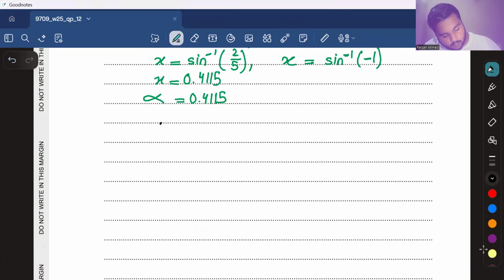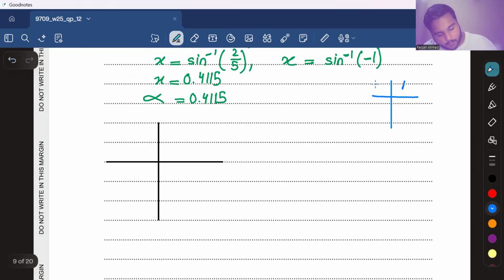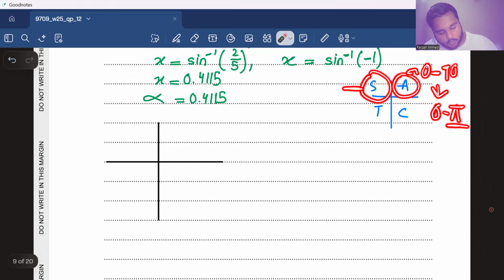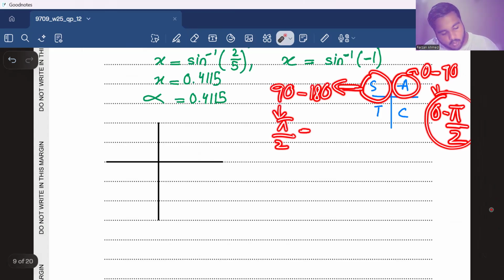I've told this before in a previous video that we have to recall this thing, A S T C. Here it is from 0 to 90, and in radians it is 0 till pi upon 2. In this it is 90 to 180, so it means pi upon 2 till pi.